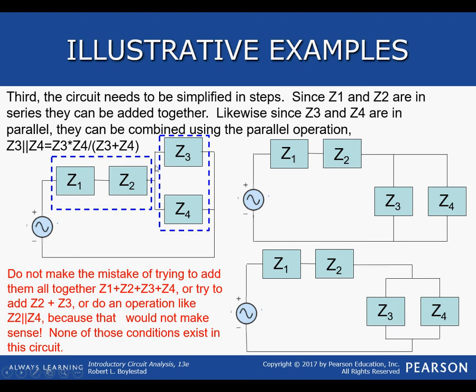Right now, they're just connected. They are not in series or parallel. I'm talking about just these two elements right here. And likewise, don't do an operation like Z2 in parallel with Z4, because again, in this configuration, Z2 and Z4 are not in parallel. That would not make sense. None of those conditions exist in this circuit.